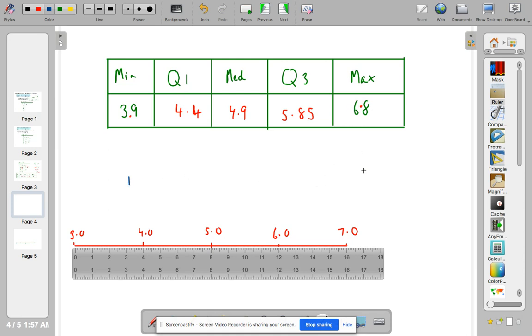The other whisker is at 6.8, so that's over here. 4.4 for the lower quartile, so that's around here. 4.9 for the median, which is about there. 5.85, which is going to be around here. Join the box up and connect in the whiskers.